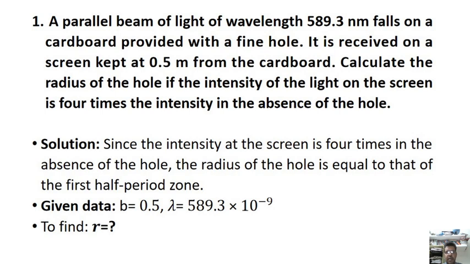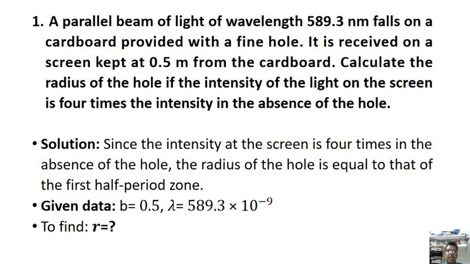Using basic knowledge about the subject, we can easily get the idea about what formula is required. Knowing the formula, just substitute the values and calculate. This is the way we can solve the problems. So we come to the first problem. First I will read the complete problem, then I will give the given data and the required formula.